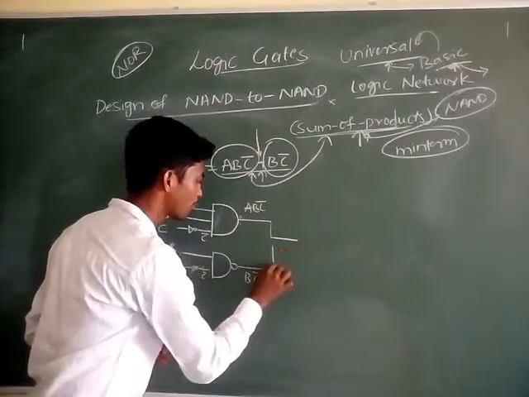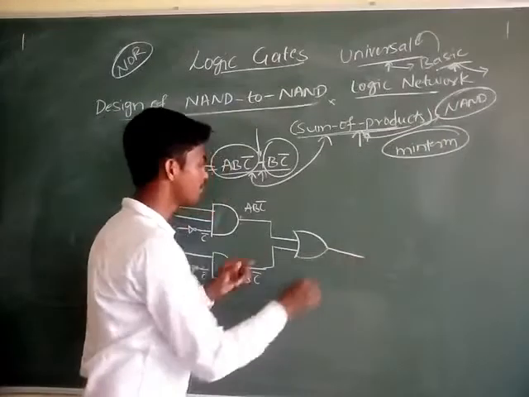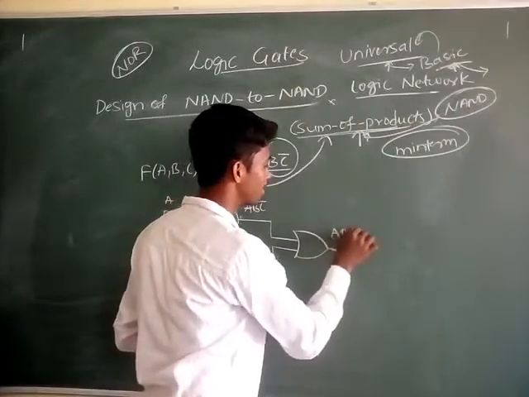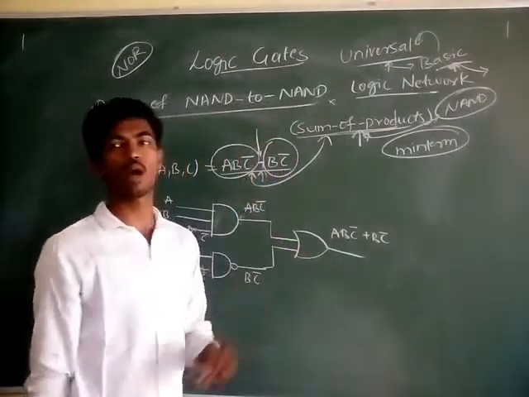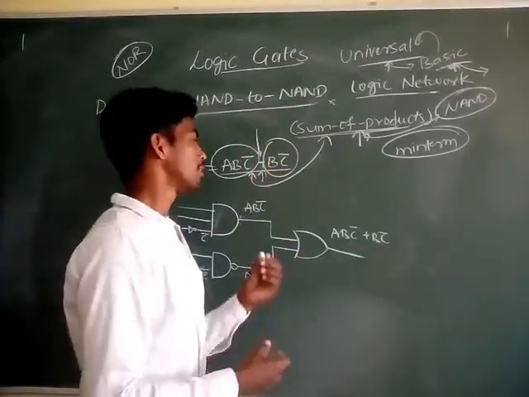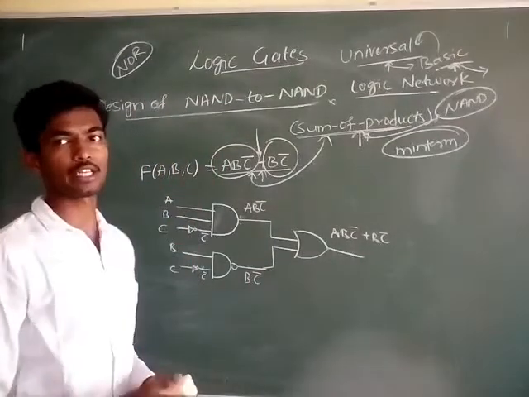For that, we have to include the OR gate. Finally, we will get A B C complement plus B C complement. This is what we do in designing the logic circuit for any given Boolean expression.